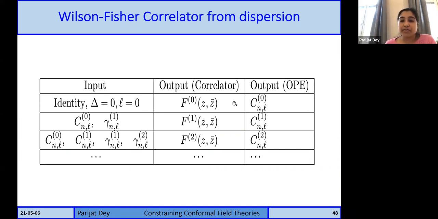At the next order, you use the input from the previous order and also the anomalous dimension at that particular order as your input, and then you compute F1. Again, you decompose it to compute C1 and so on. This goes on.